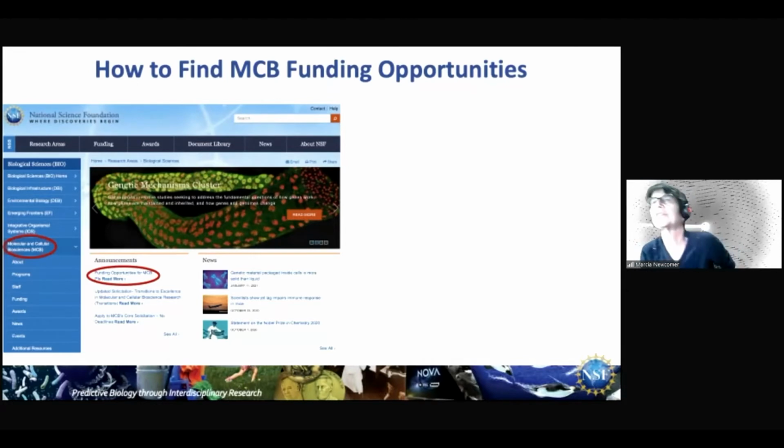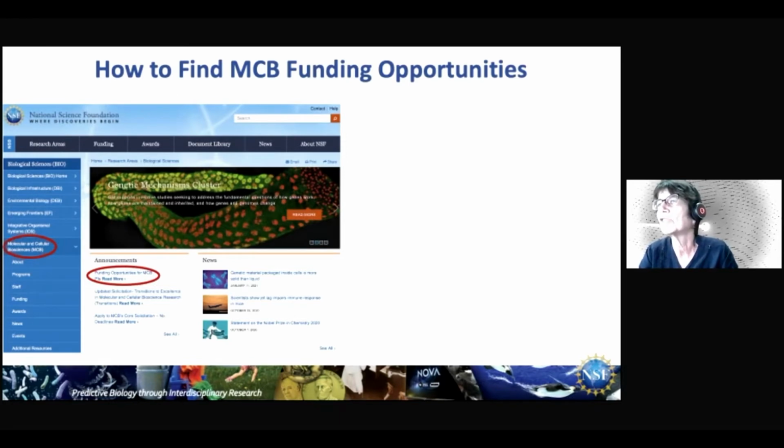So this slide illustrates how you can find funding opportunities that we have in MCB. You can sign up to get email alerts by signing into our blog. But if you don't want to get inundated with emails all the time, you can just bookmark this page and visit it routinely.